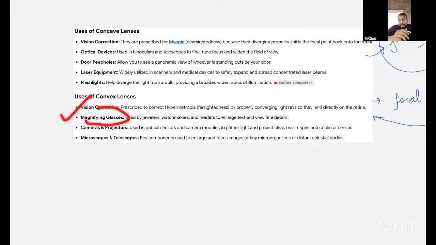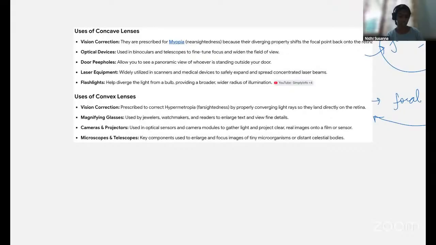Magnifying glass. Yes, in a magnifying glass we use a convex lens. Now some of you will say, sir, in a convex lens we always get only a real and inverted image. If I use a magnifying glass and see a thing, I will get everything upside down. No. What was the last case? I'm talking about a convex lens, not a concave lens.